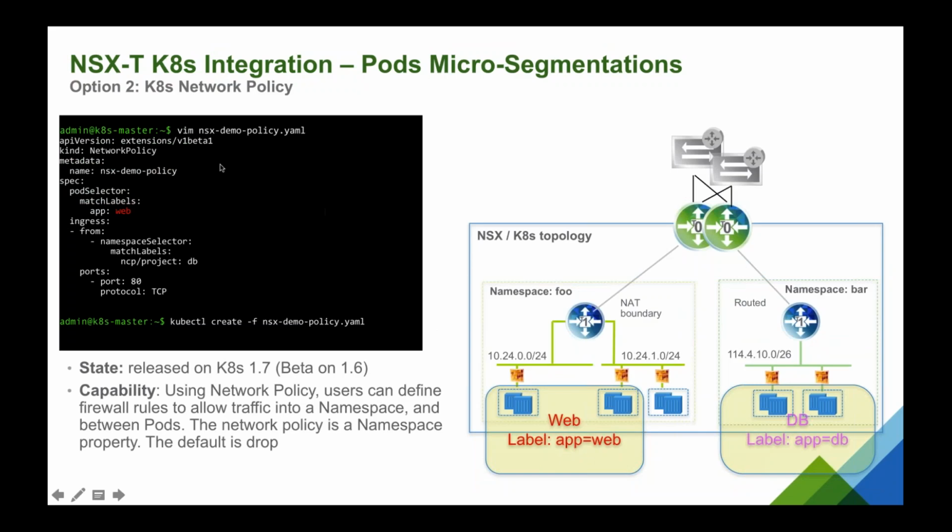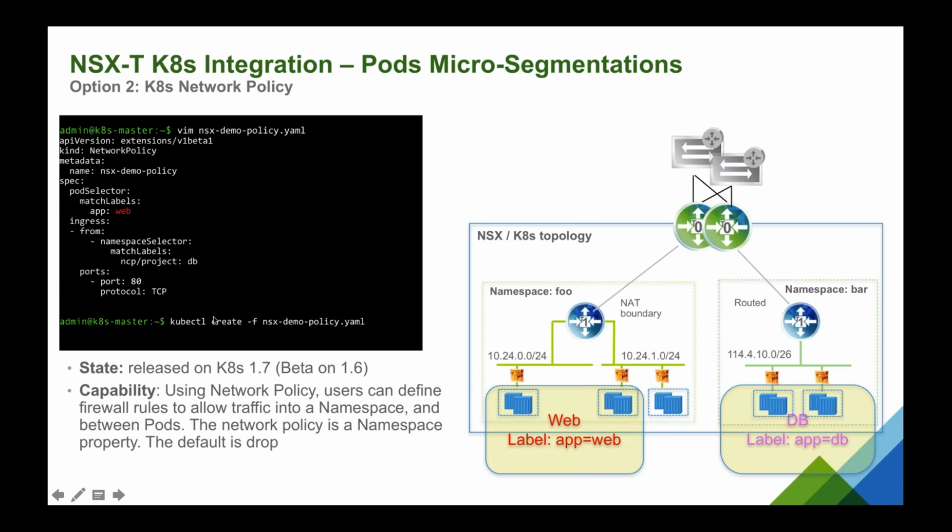The more automated, or the more Kubernetes, way of doing things is to use network policy. Here we define in the spec what is actually the destination. In this case, it would be all pods that have the label app equals web. And then, okay, here I'm allowing from that specific namespace that is from the DB layer and then assign pod AD.